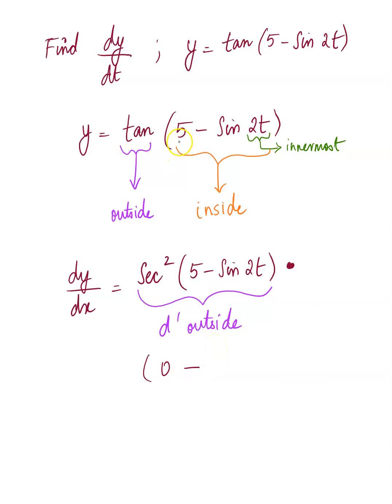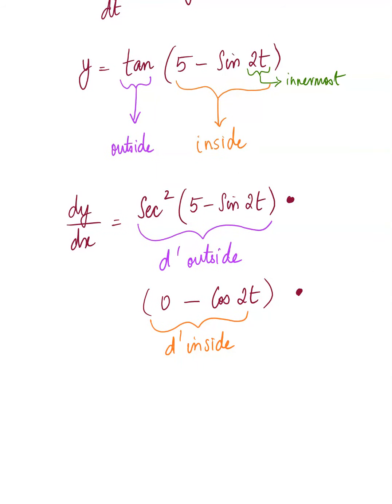So derivative of 5 is 0 minus derivative of sine is cosine 2t, okay, times, and by the way, that was the derivative of the inside, times the sine 2t, right? So in the sine 2t, you're only focusing on just the 2t because your function had an innermost expression there. And so derivative of 2t is just 2, which is the last derivative of the innermost.